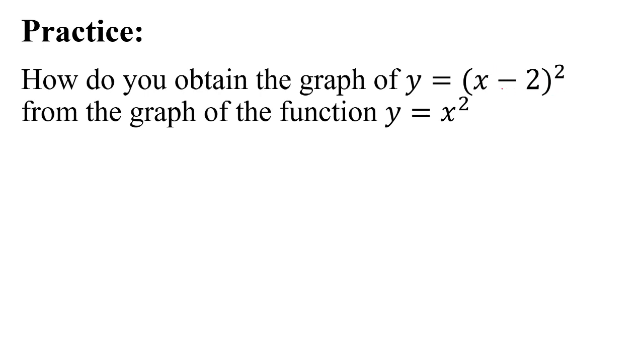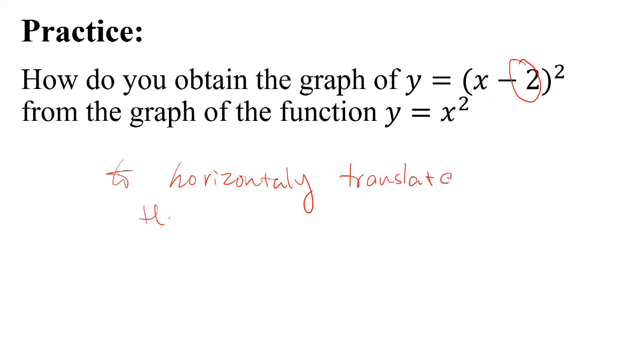Okay, note here, we subtract 2 units from the x in the original function, right? So this parameter here corresponds to a horizontal translation. So we can simply horizontally translate the graph of the original function y equals x squared, to the right or left.